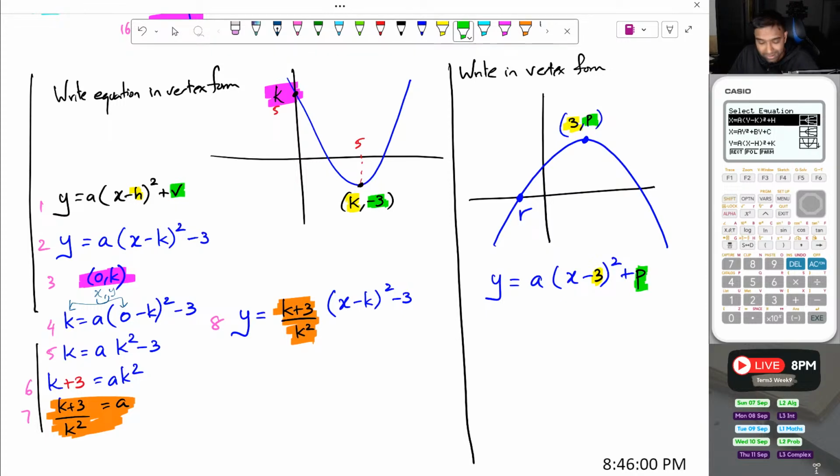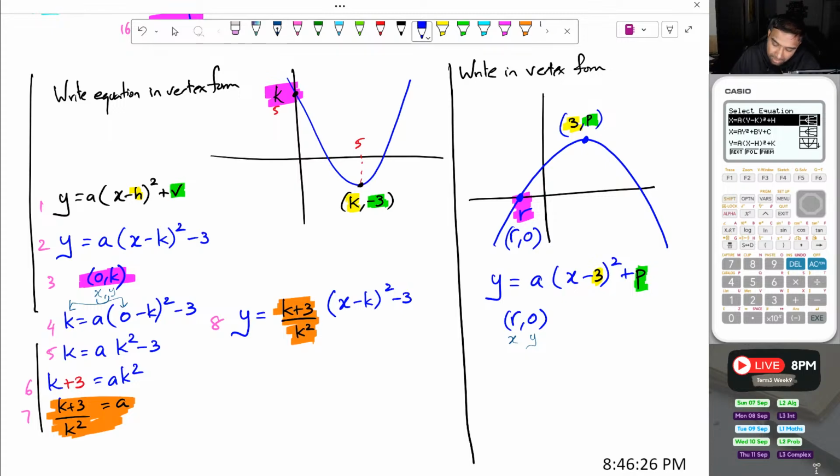That's your base starter. Now, we need to figure out what the a value is. To figure out the a value, we've got to find another point. And the only other point we have is the pink point here. But remember, the pink point is actually (r, 0). So (r, 0) basically means when x is equal to r, y is equal to 0.